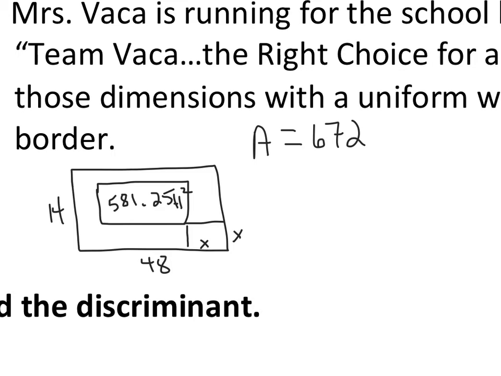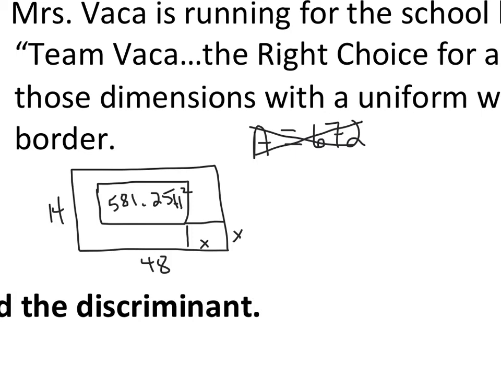Now we know that if we subtract 2x from each one of these sides and multiply them together, we will get 581.25 feet. So we really don't need to know that the total area of the billboard is 672. We don't really need that information, so we're going to leave it out.